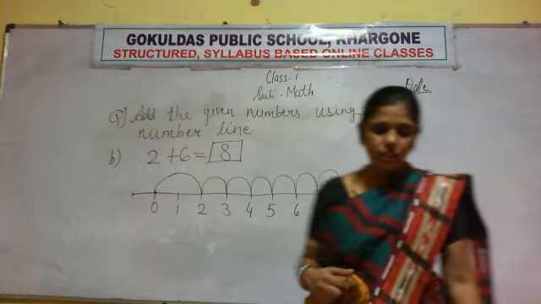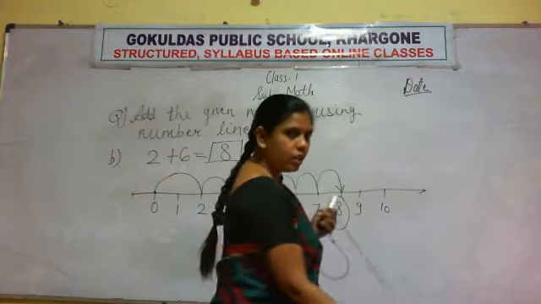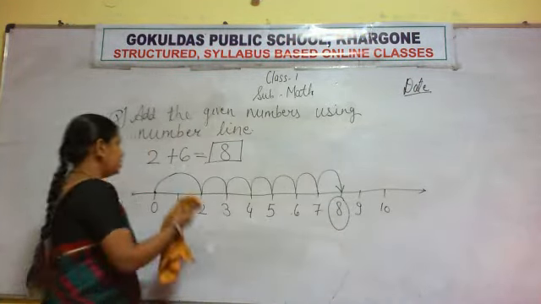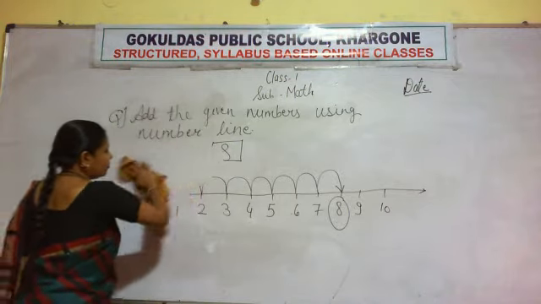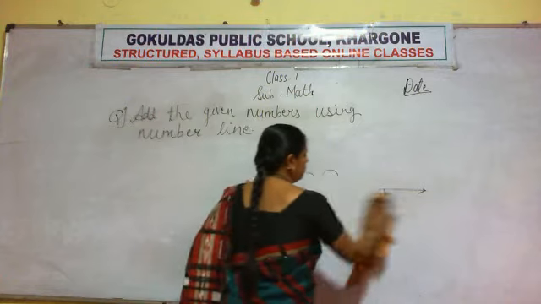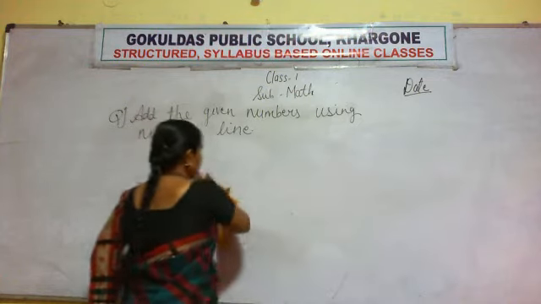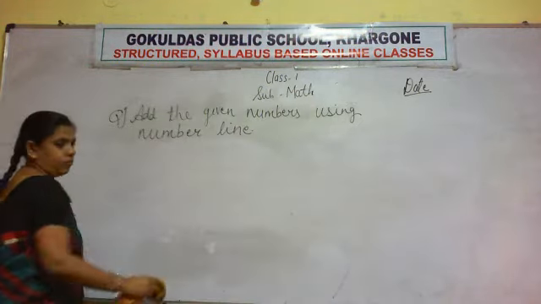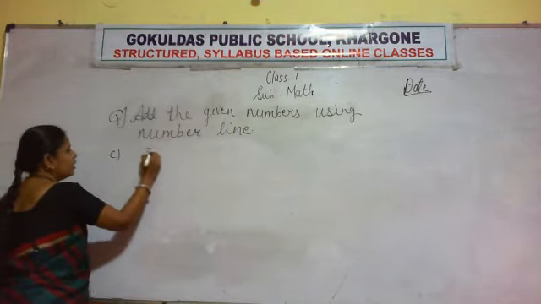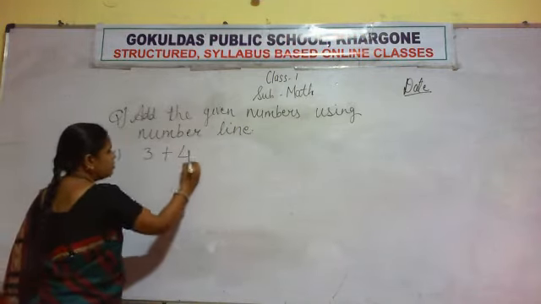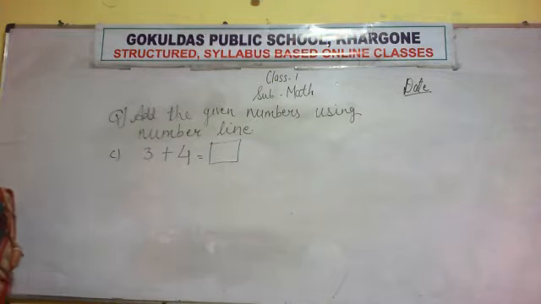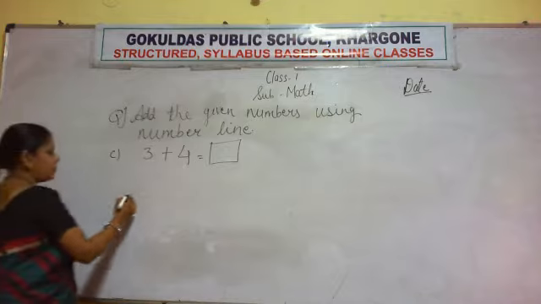Now the next question that is given in the book is 3 plus 4. Right? See, 3 plus 4. Now again draw a number line.